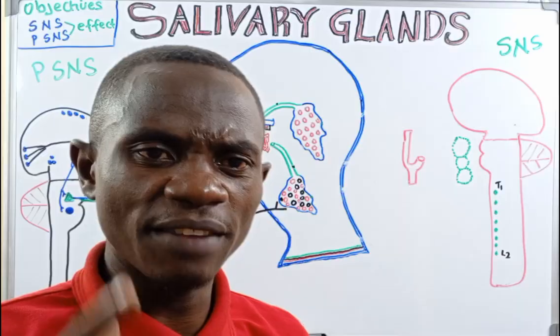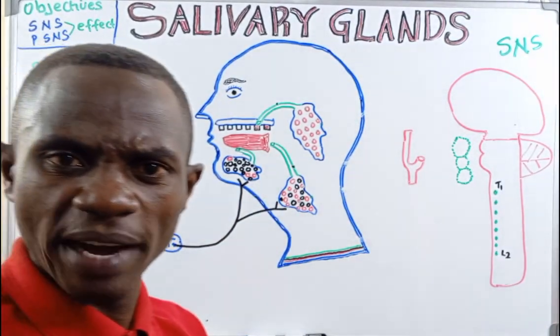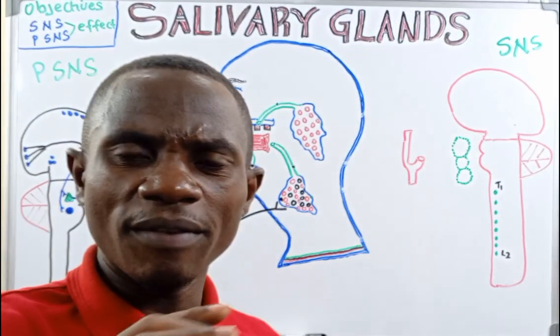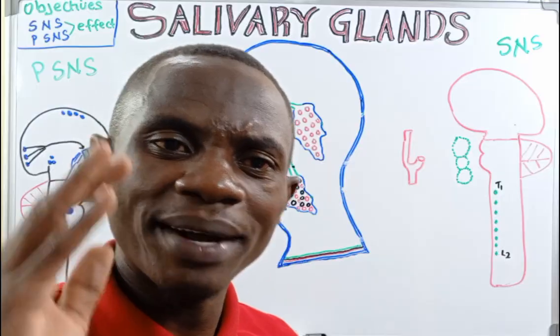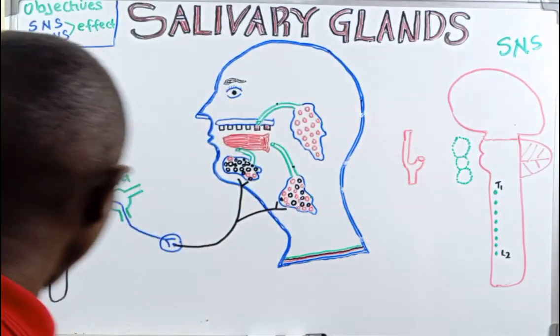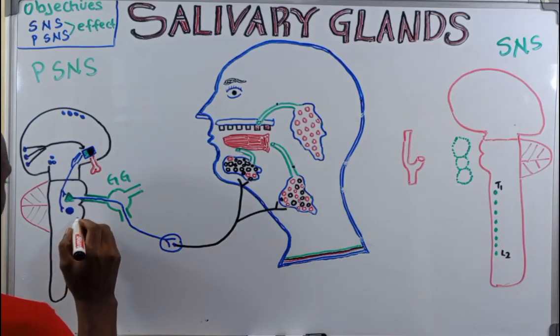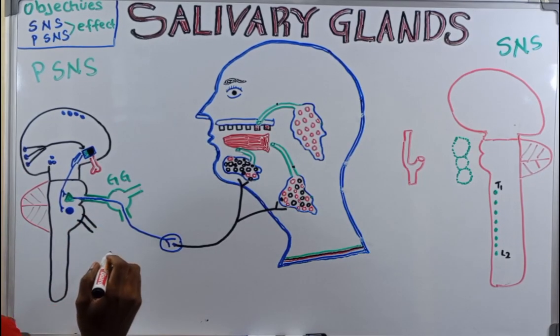The inferior salivatory nucleus is going to be giving off preganglionic fibers. These fibers are going to be moving with one of the most important cranial nerves. Do you know how this cranial nerve is called? They are going to be moving with cranial nerve number 9, the glossopharyngeal nerve, which will pass out through the jugular foramen.